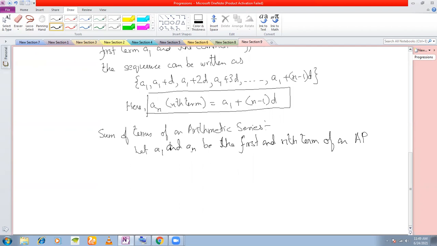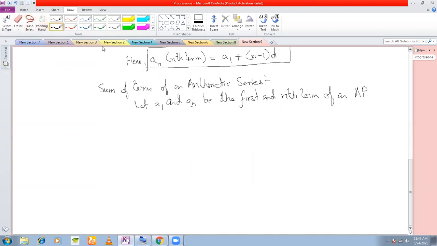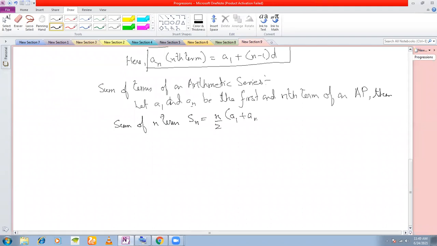Then the sum of n terms is Sn is equal to n by 2 into (A1 plus AN). You've already done this. If you know the first term and if you know the last term of the sequence, you can add up the terms and the sum is denoted by Sn. Sn means sum to n terms.